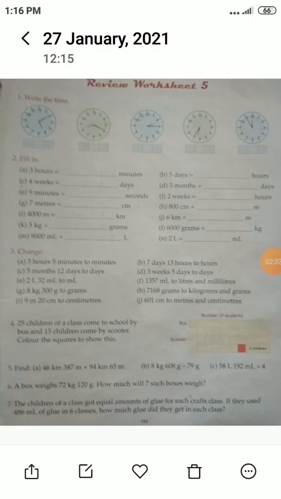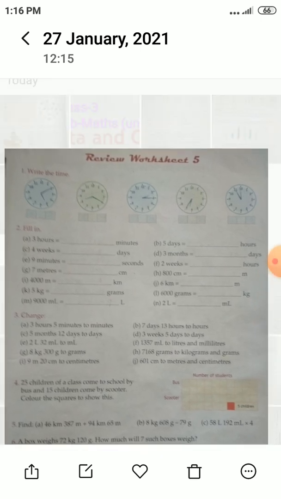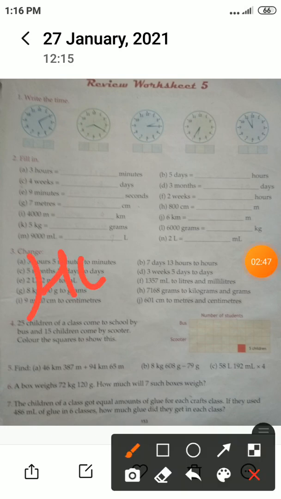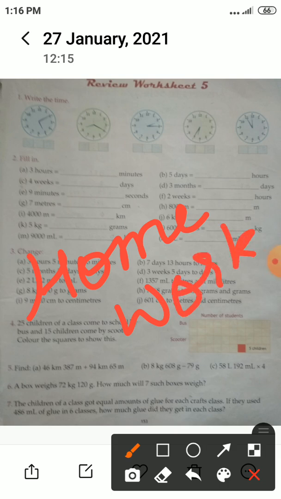And come to review worksheet 5. Students, this review worksheet you have to do in homework. And I will give you the answers in the next video. So practice yourself. Question number 3, question number 5, 6 and 7 you have to do in copies.